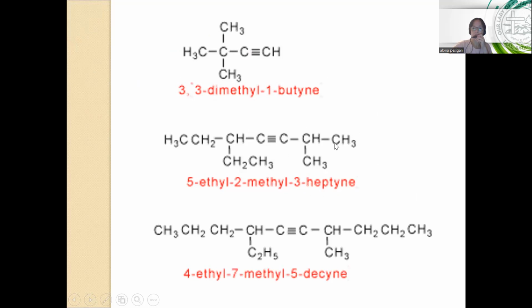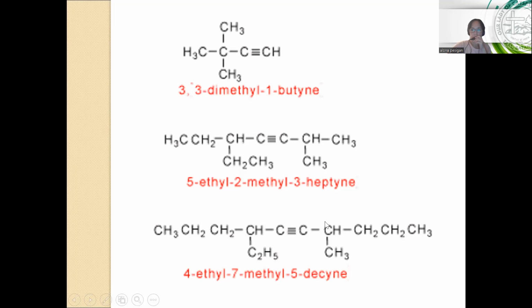So that's 3. 1, 2, 3, 4, 5, 6, 7. So it's heptyne. But you look at the substituent. So you have 5-ethyl, alphabetized, then number 2 you'll find the methyl, and the triple bond at number 3, and the parent is heptyne.